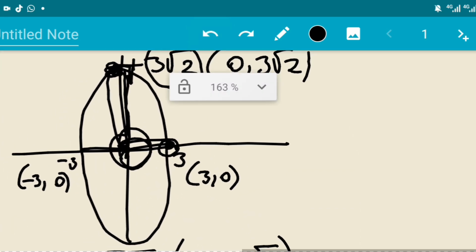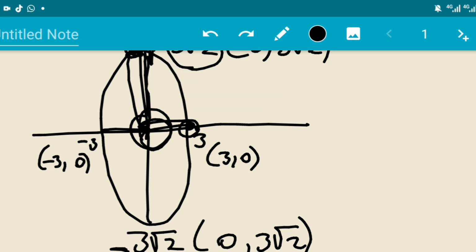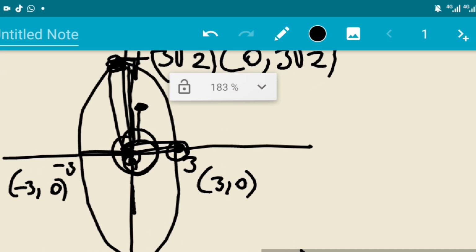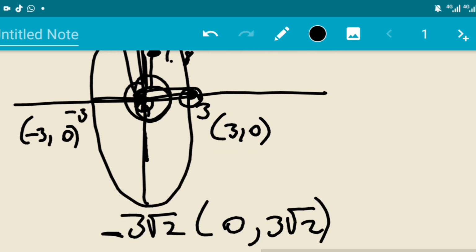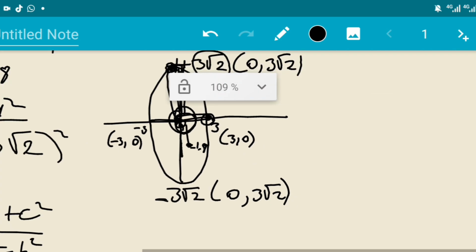I didn't find it fit to start punching it in because I don't have my calculator with me as I speak. Whatever answer you find, obviously it will be positive. So you move up by whatever that number is. Maybe let's say 1.8. Then this is 1.8. Then we also move downwards by what? Negative 1.8.